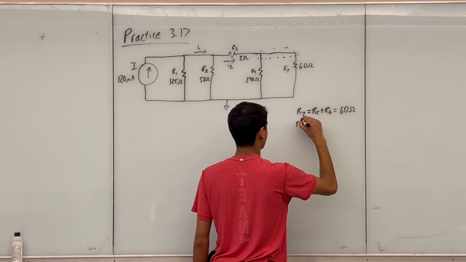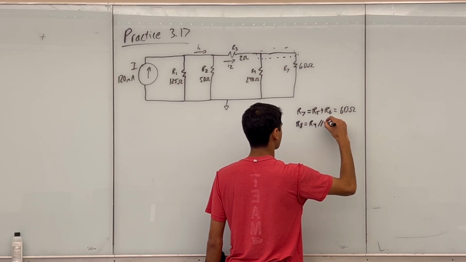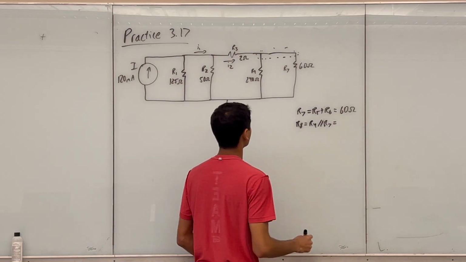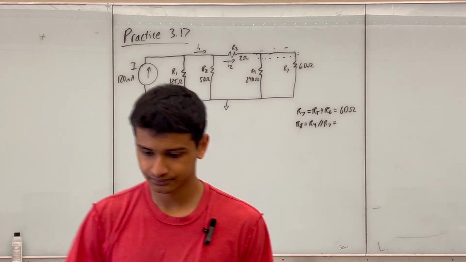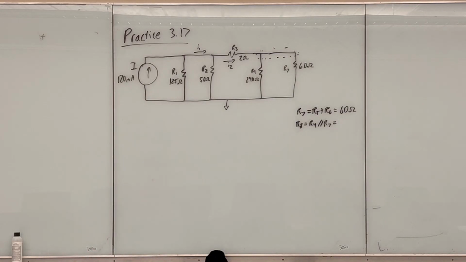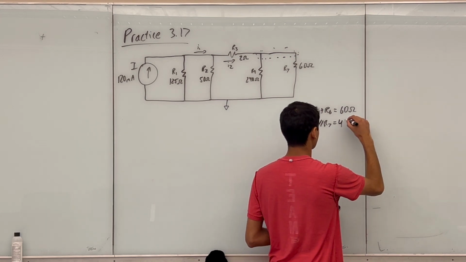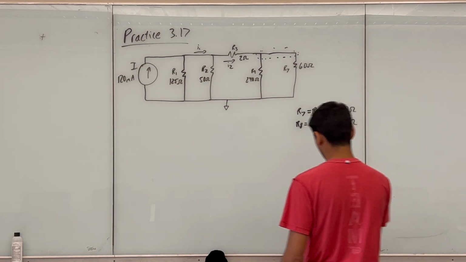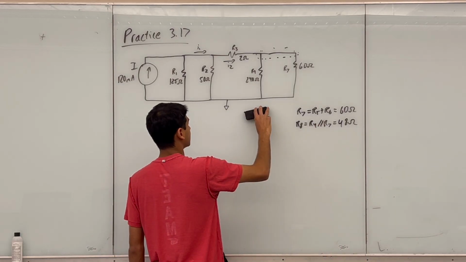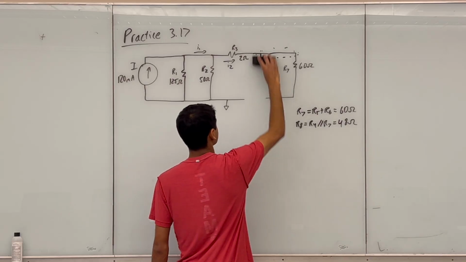So I'll say that R8 equals R4 parallel R7, and just using my calculator, that gives me a resistance of 48 ohms. So what I'll do is I'll remove these resistors from parallel, and I'll replace them with one resistor that's 48 ohms. So I'll just erase this right here.